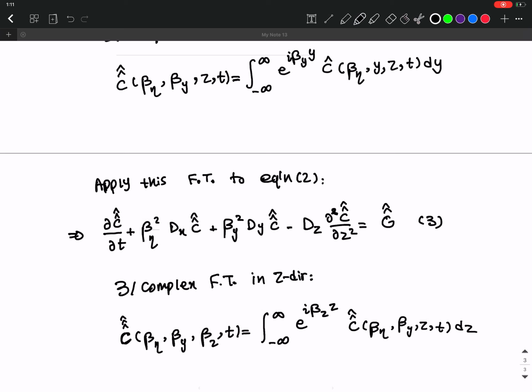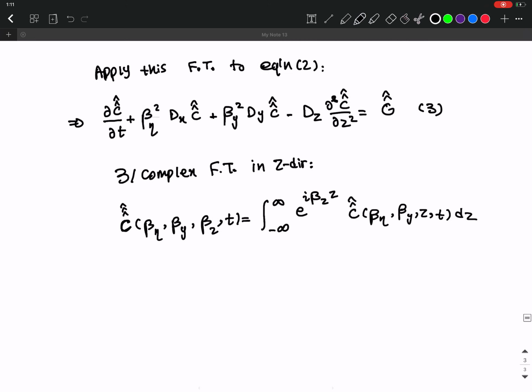So this is the definition of the third complex Fourier transform in the z direction.